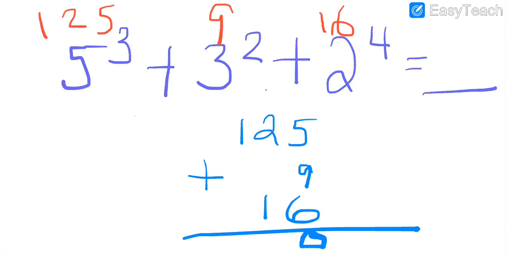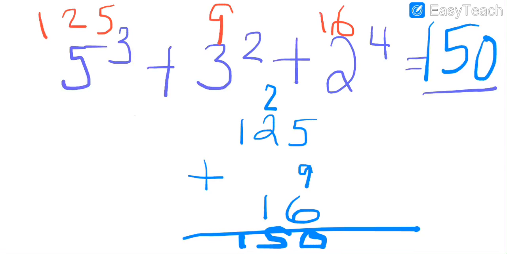I'm going to put our 2 up in the 10s, carry that. 2 plus 2 is 4. 4 plus 1 is 5. And then we have just 1 in our hundreds column. So our final answer is 150. All right, good job.